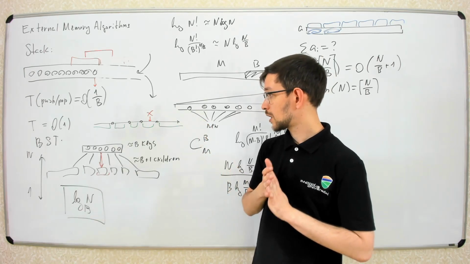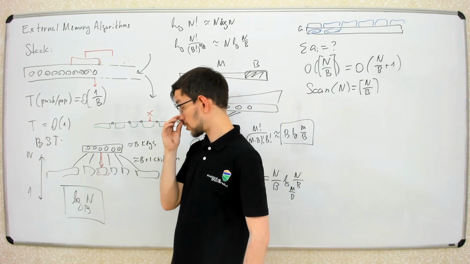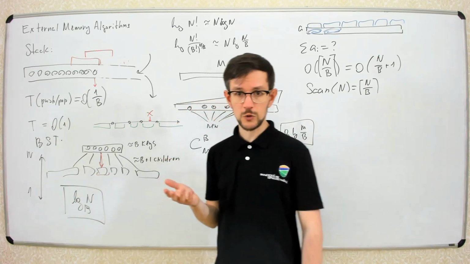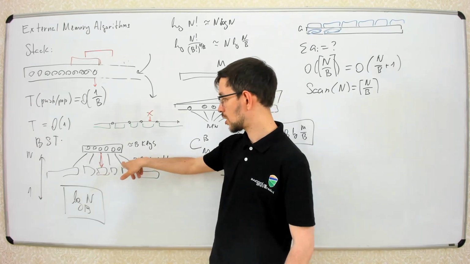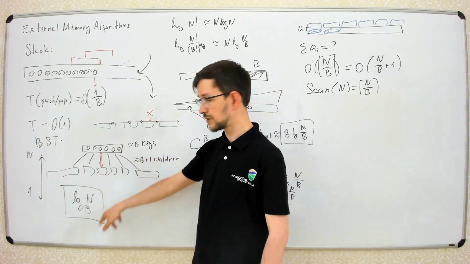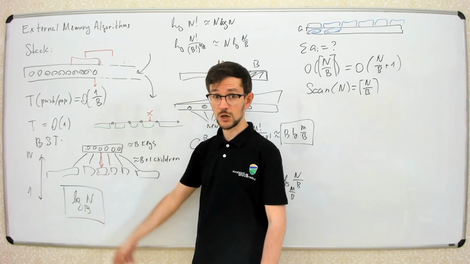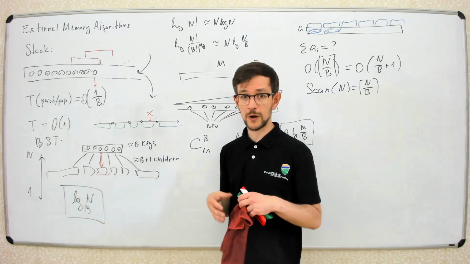Basically, a binary search tree is not very efficient for external memory. Usually, when you have an external memory algorithm, you don't want to use binary search trees, because each request costs you this amount of time, and that's too much.